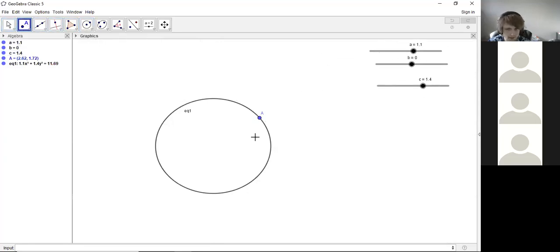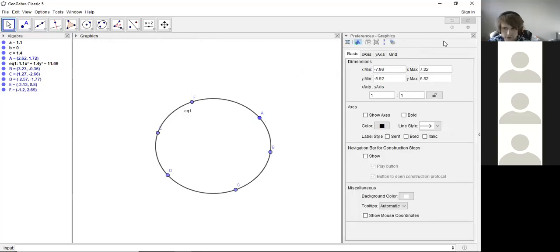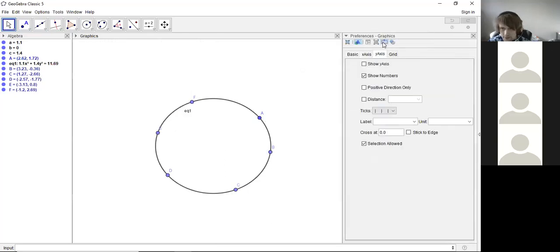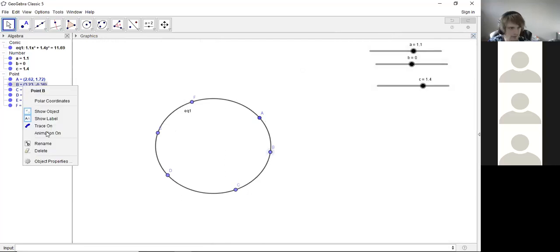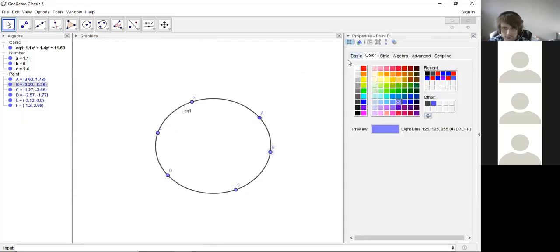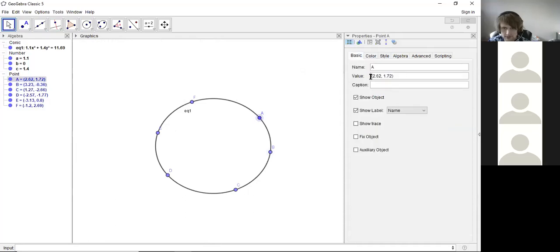Now let's pick 6 or 5 more points on it. And we got to relabel them. Say this is A1, B1.